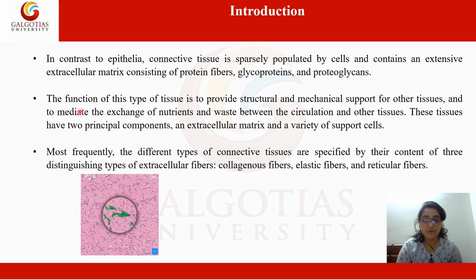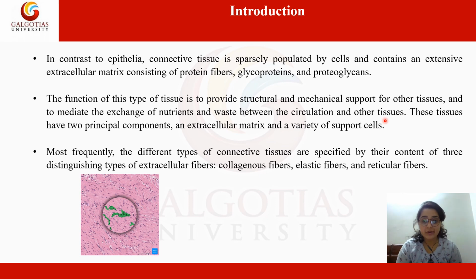The function of this type of tissue is to provide structural and mechanical support for other tissues and to mediate the exchange of nutrients and waste between the circulation and other tissues.